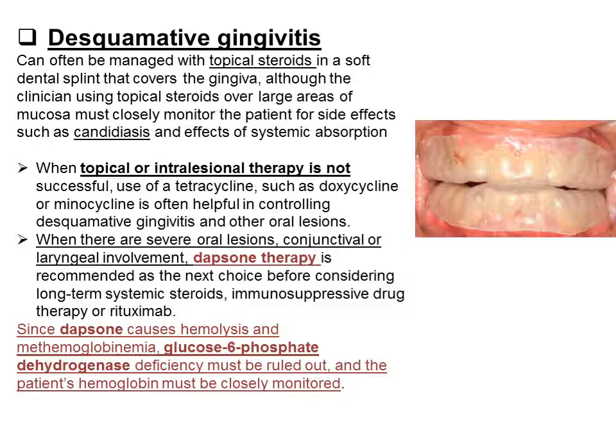Since dapsone causes hemolysis and methemoglobinemia, glucose-6-phosphate dehydrogenase deficiency must be ruled out and the patient's hemoglobin must be closely monitored.